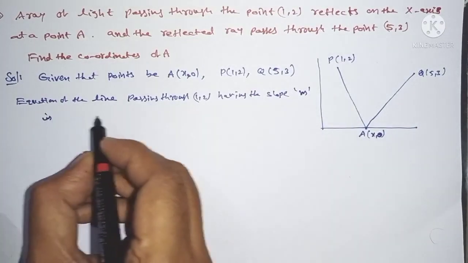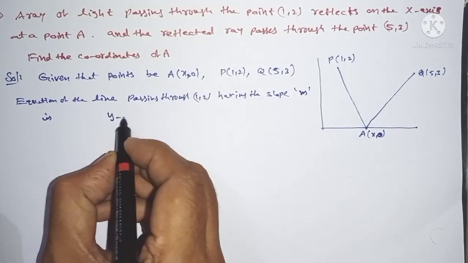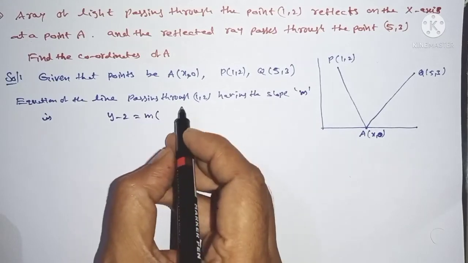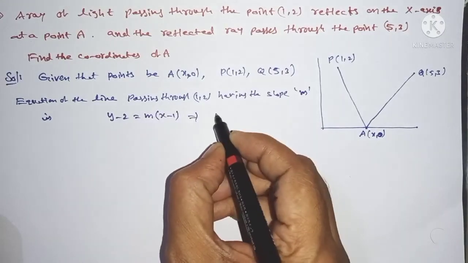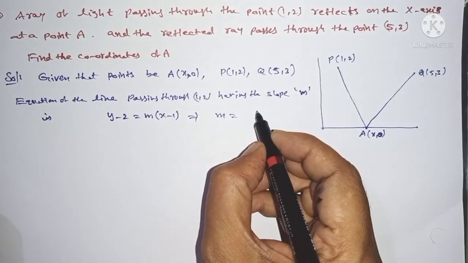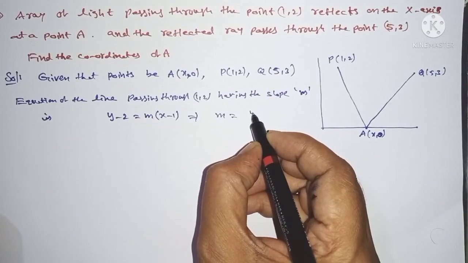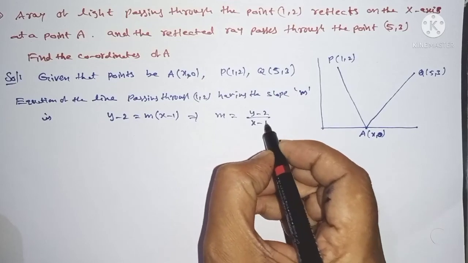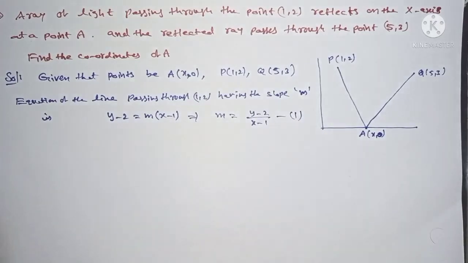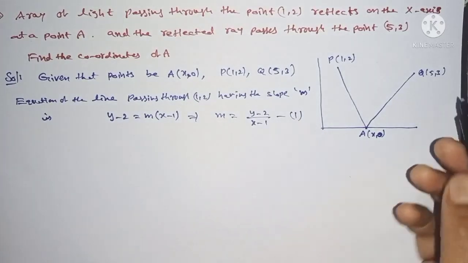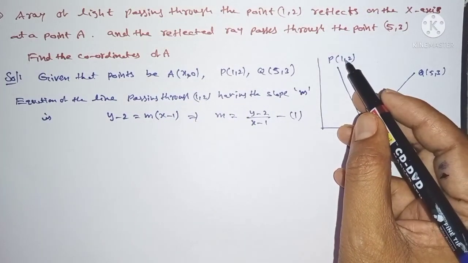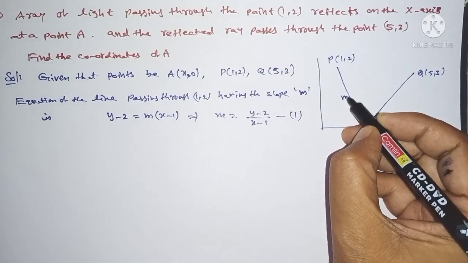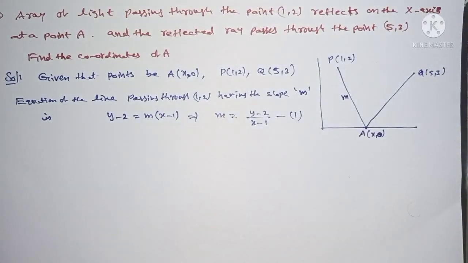It is y minus 2 is equal to m into x minus 1, or I can write here m is equal to y minus 2 by x minus 1. Call this equation number 1. I am finding the equation of this line passing through 1 comma 2, and m is the slope.